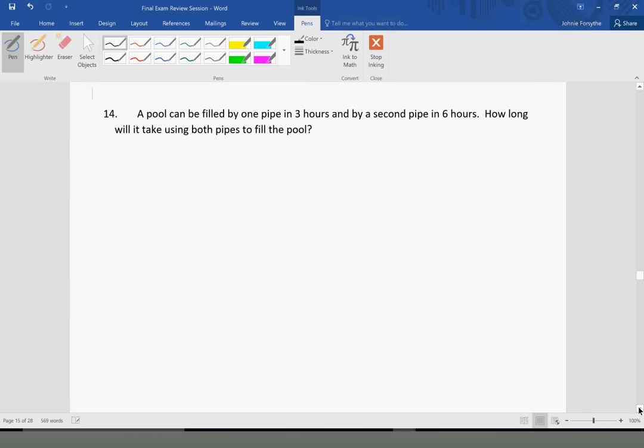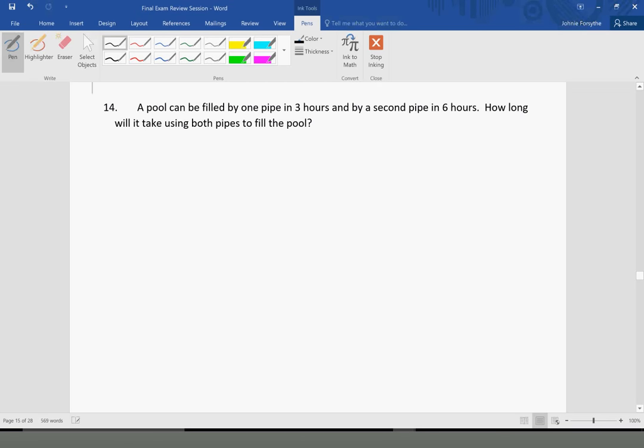Number 14, a pool can be filled by one pipe in 3 hours and by a second pipe in 6 hours. How long will it take using both pipes to fill the pool? So there's a little formula you can use. 1 over time 1 plus 1 over time 2 equals 1 over together, 1 over big T. So we're going to solve for T. How long will it take for them to both fill the pool?